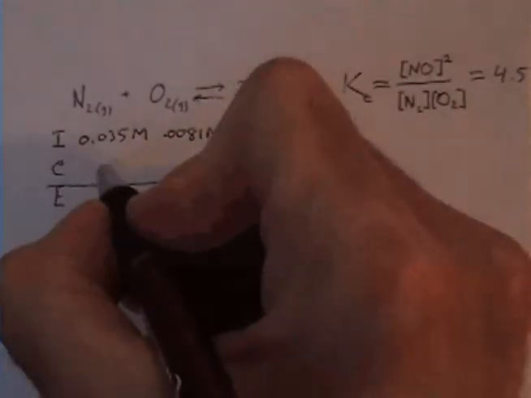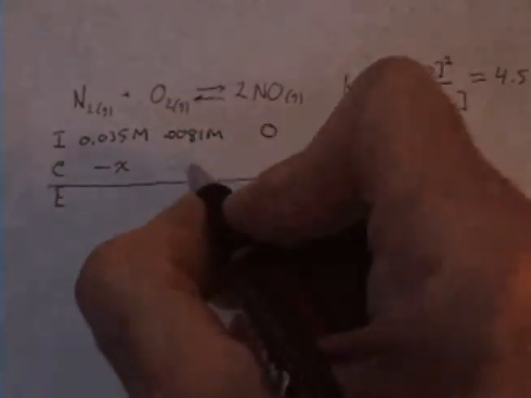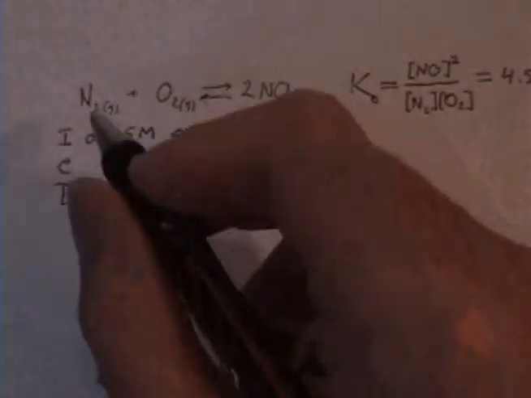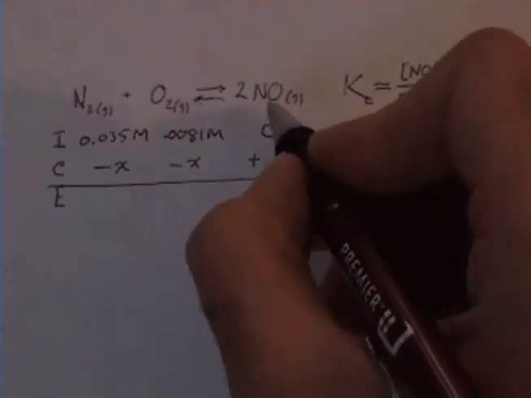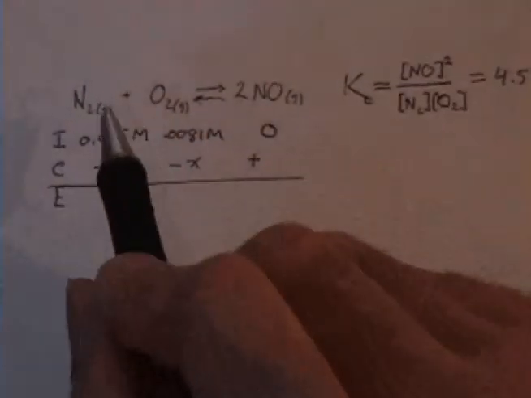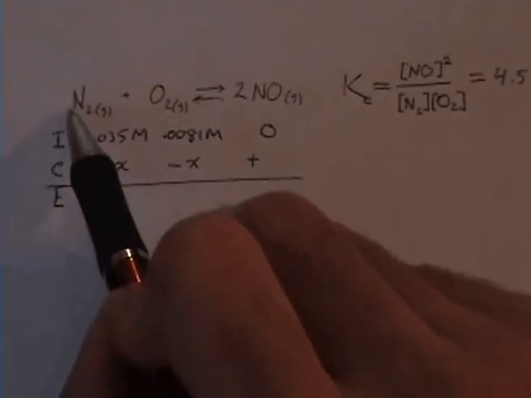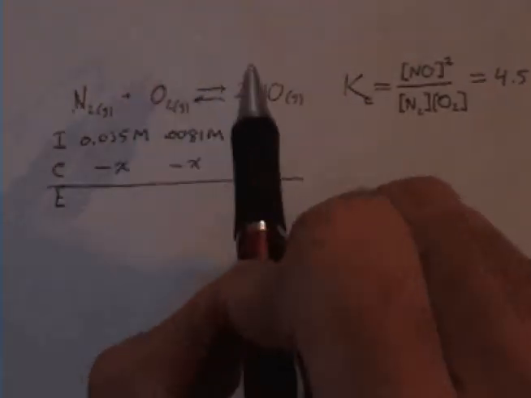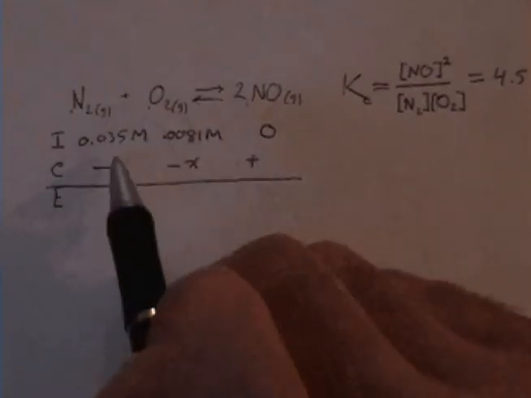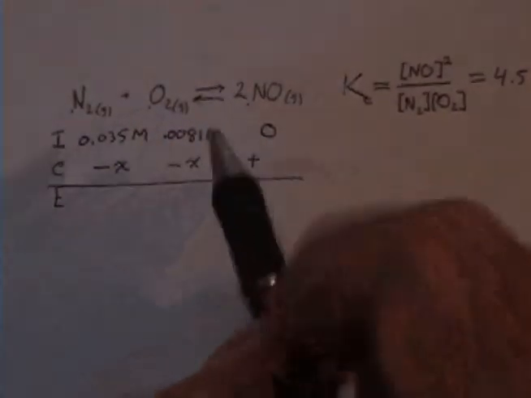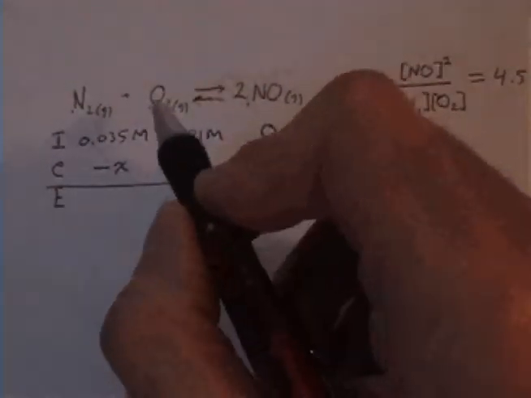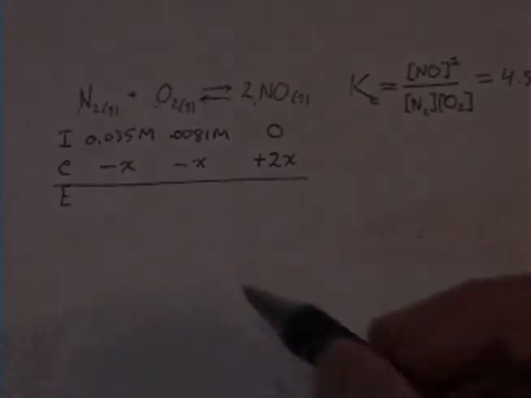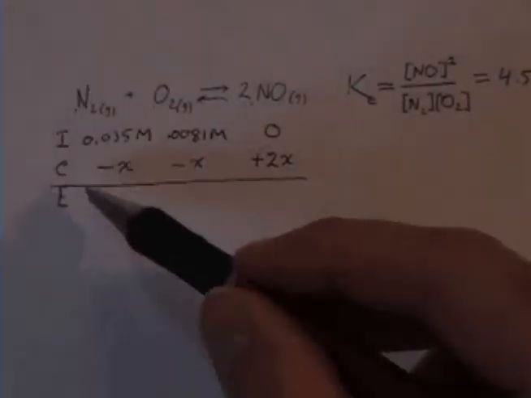When that happens we lose some nitrogen and some oxygen, but we don't know how much, so we'll call it x, and we'll add some NO. We have to be careful, because 1 mole of nitrogen reacts with 1 mole of oxygen to form 2 moles of NO, so we need those same ratios in our change. This will be 2x, twice as much as we have of those. That's the change to equilibrium.